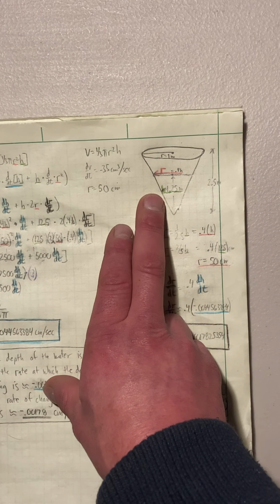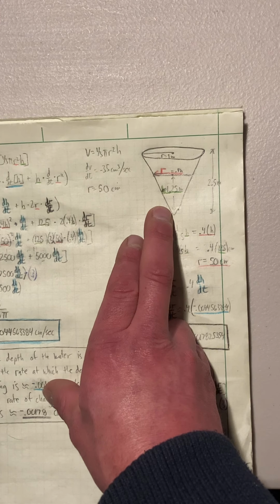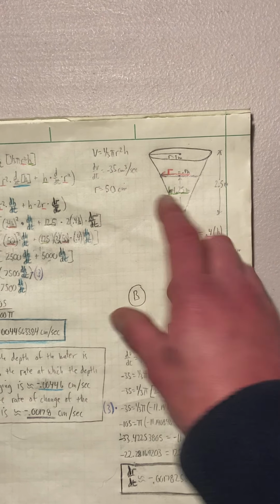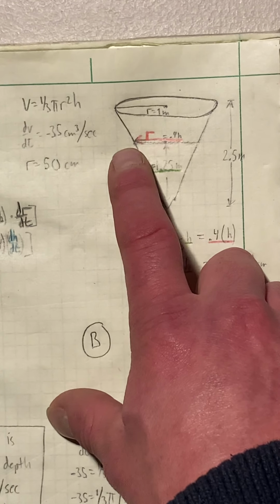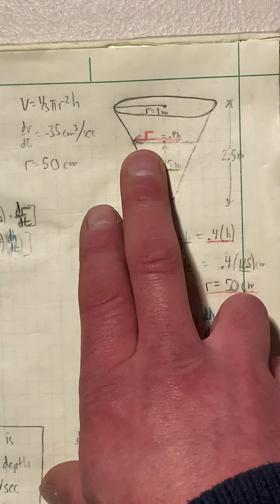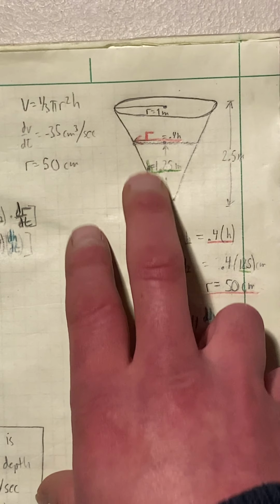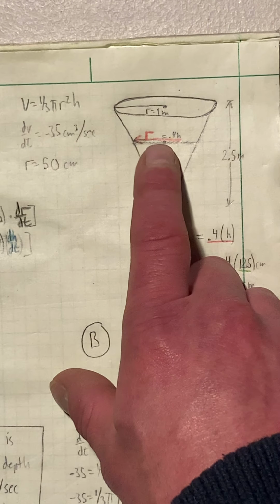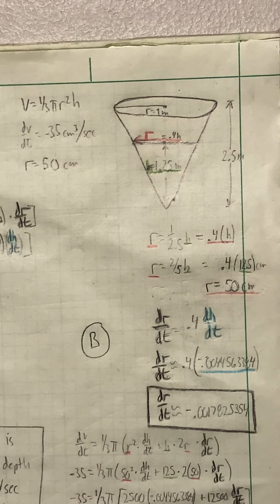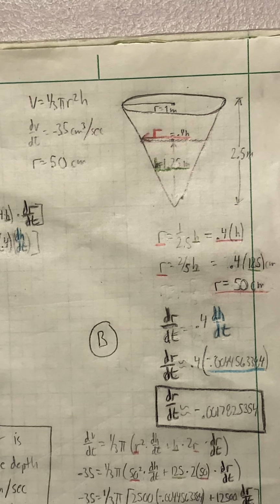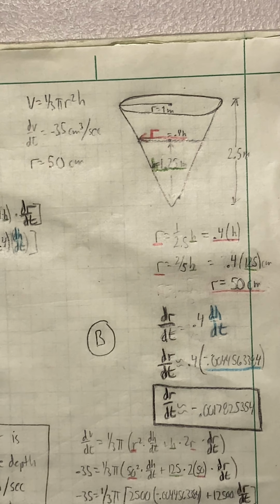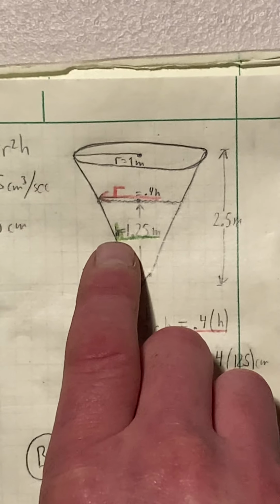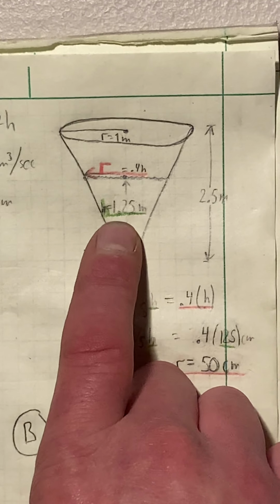We're asked to find, when the water is 1.25 meters deep, as I drew here in pencil, at what rate is that depth changing, and at what rate is the radius changing. We know our depth, which I am using the H in green for that in our formula.